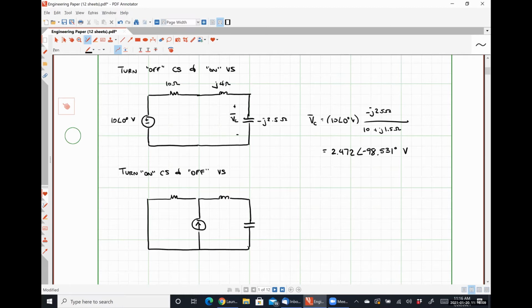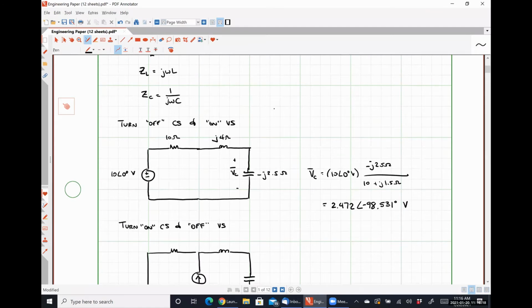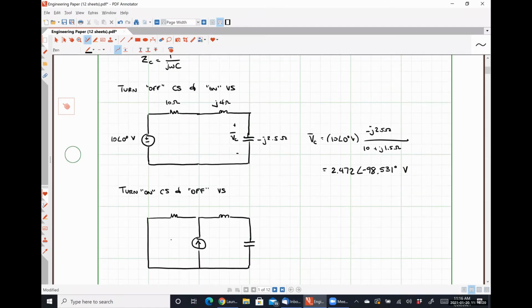Here's what our circuit looks like. We need to use the phasor domain representation of our current. So if it was 2 cosine 5t amps, it should look like 2 angle 0 in the frequency domain.